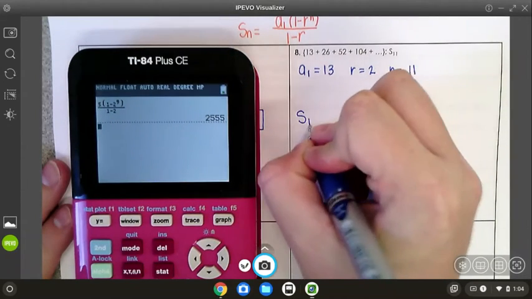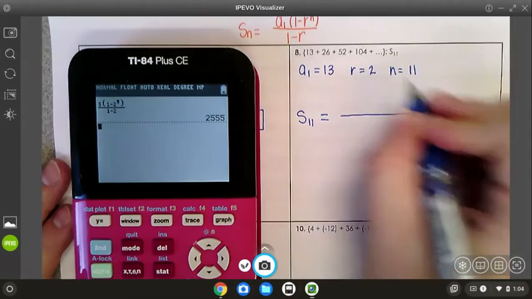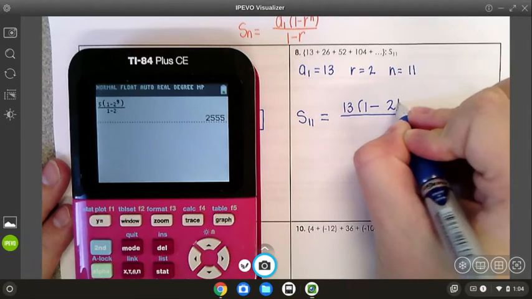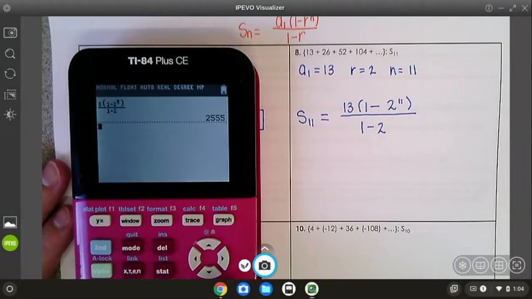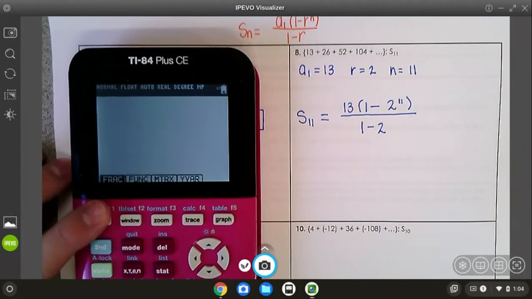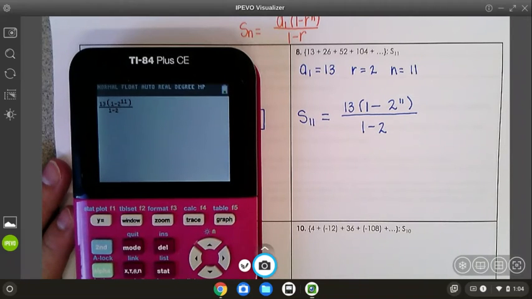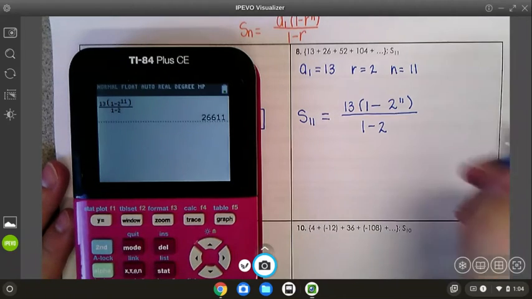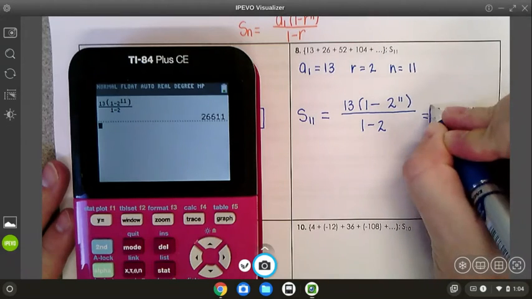So the sum of the first 11 terms, we have A1, 1 minus 2 to the 11th over 1 minus 2. And that equals 26,611.